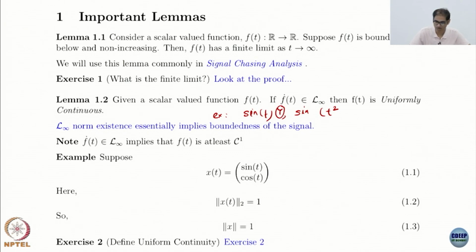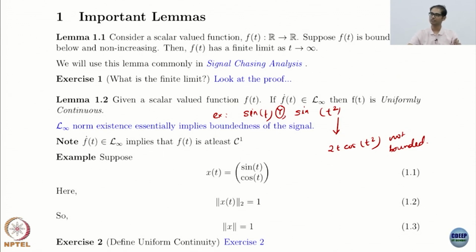Yes, but why? What is the derivative of sin t squared? Is this bounded? No, not bounded. So you can't say anything about uniform continuity, because this was only a sufficiency condition. It does not say what happens if the boundedness is not satisfied. But this is not a uniformly continuous function. Sin t squared is not uniformly continuous.